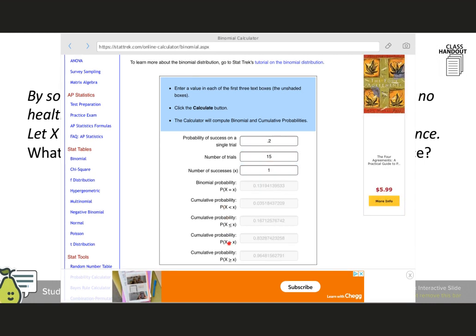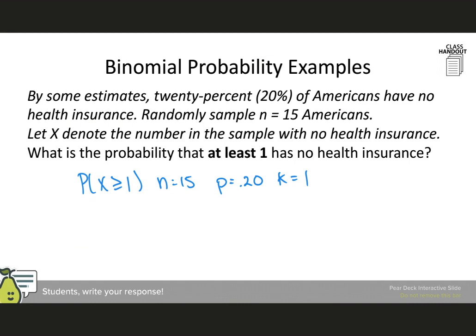So greater than or equal to 1, that's going to be this last one, so that's going to be 0.9648. So the probability that at least 1 in your sample has no health insurance is 0.9648.